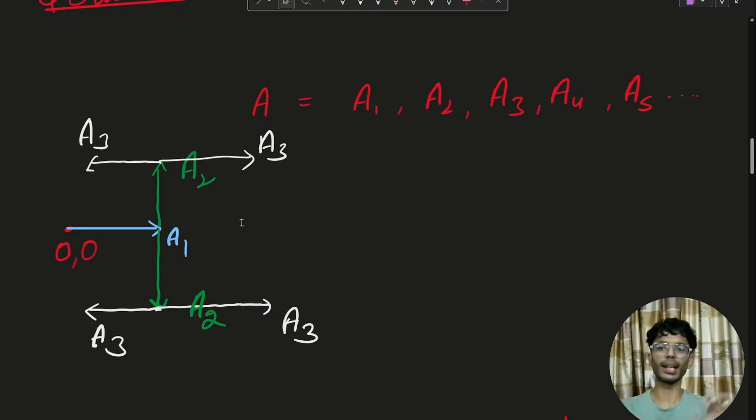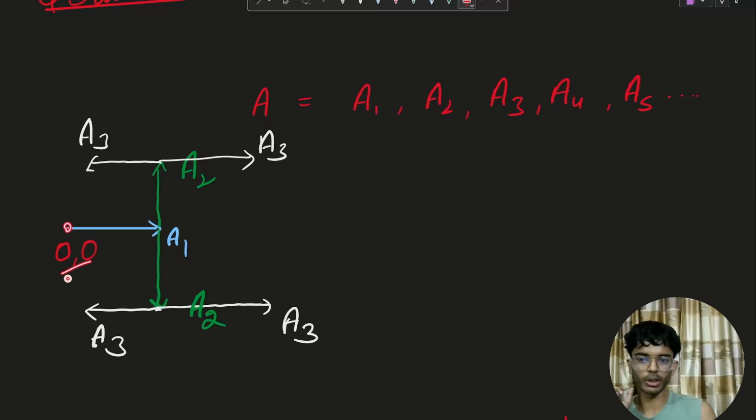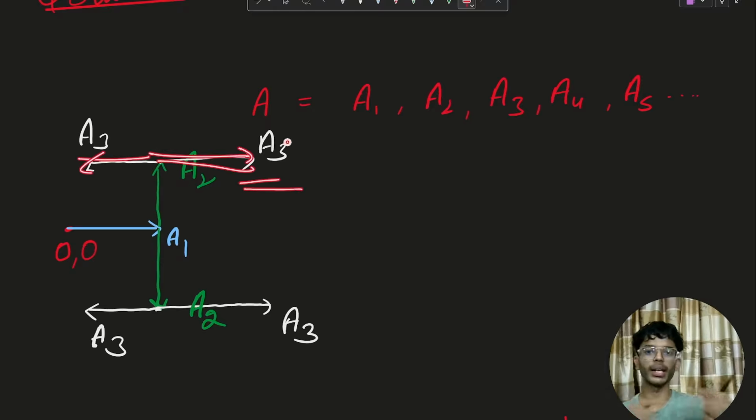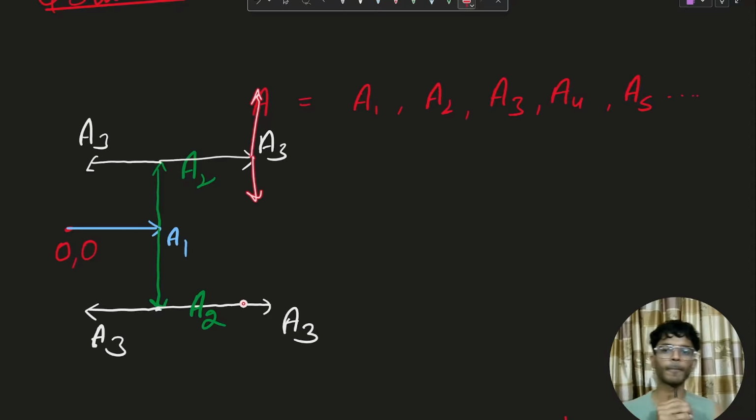So let's analyze the problem in a better way, right? Initially we know that we are at coordinate (0, 0), and we'll be going in this direction with A1 steps. In the second move, we can go either up or down with A2 steps, right? And in the third step, we can go either towards the right or towards the left with A3 steps. And in our fourth step, we'll again be either going up or down, right?